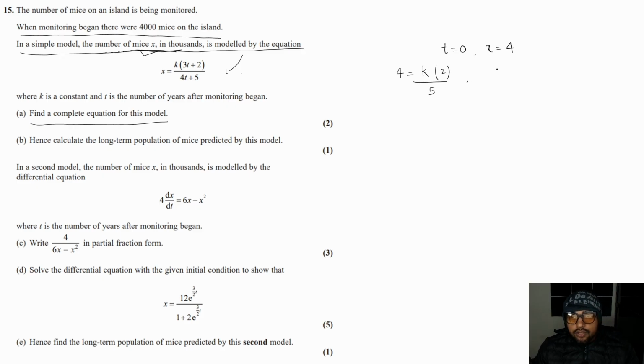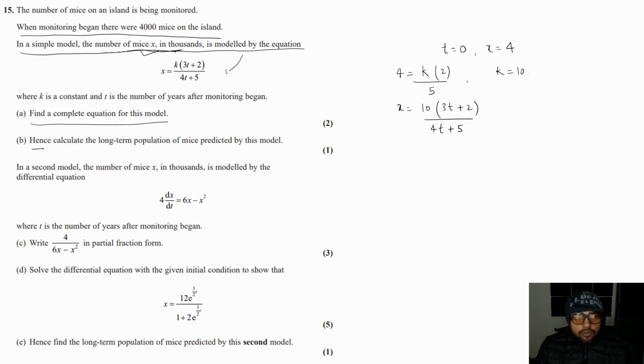From here we get k equals 10. So the complete equation for this model will be x equals 10 times (3t plus 2) upon (4t plus 5).